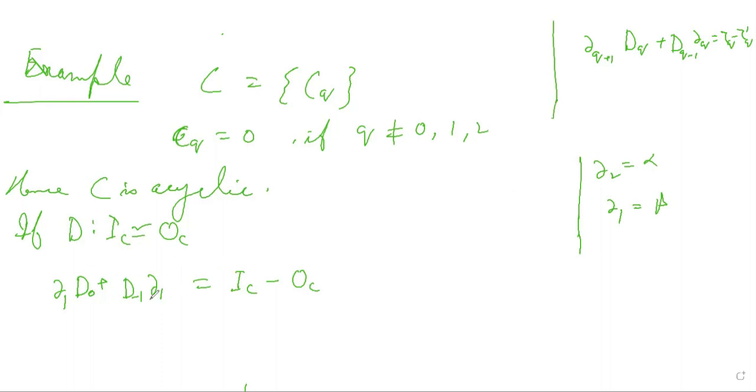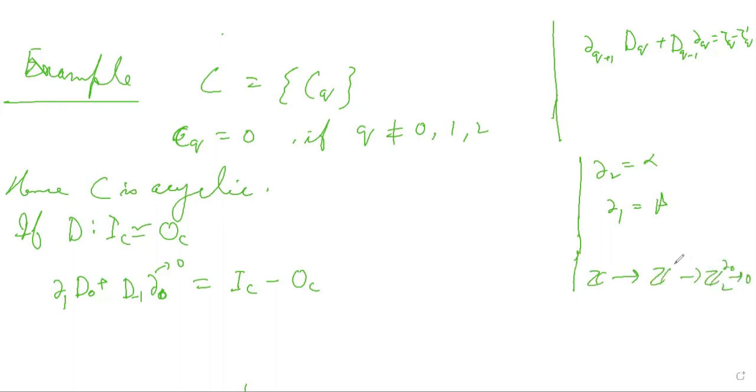So here we want to put this, but boundary this is actually 0, because you have Z and then Z2 and then 0.